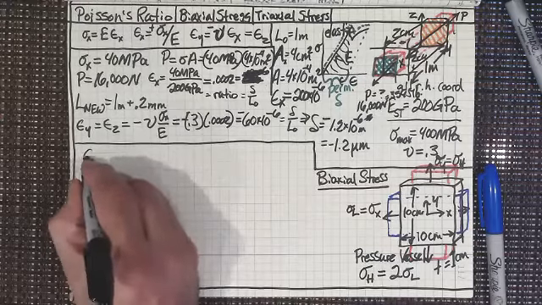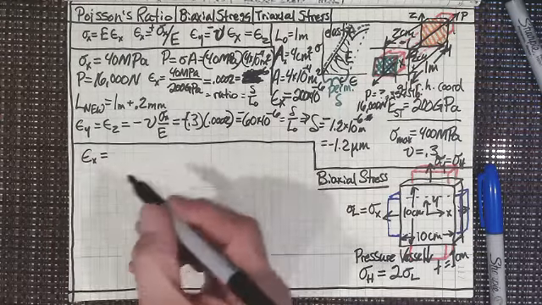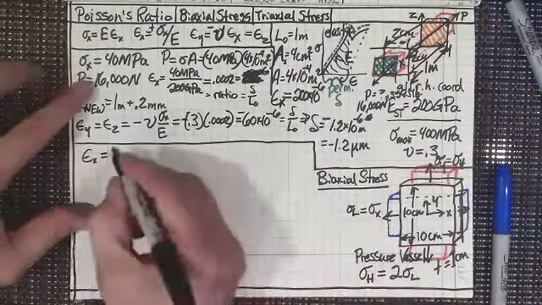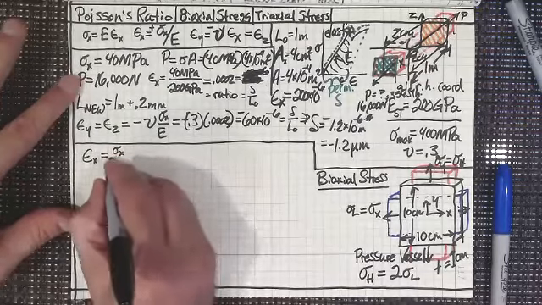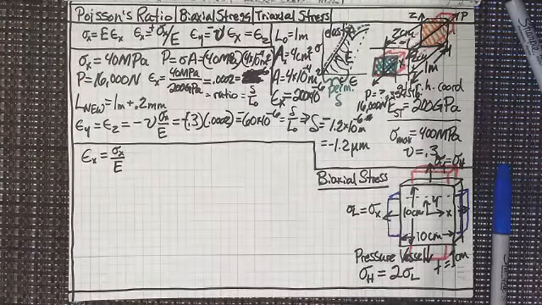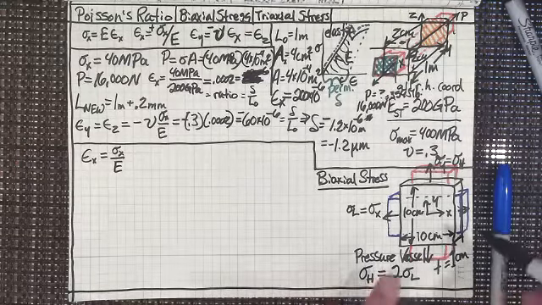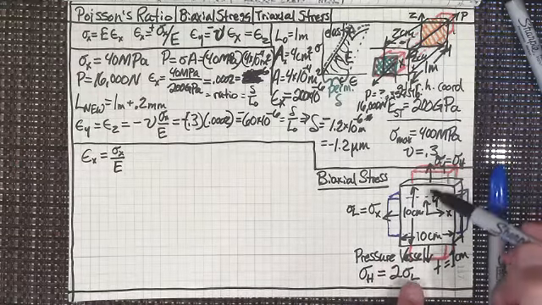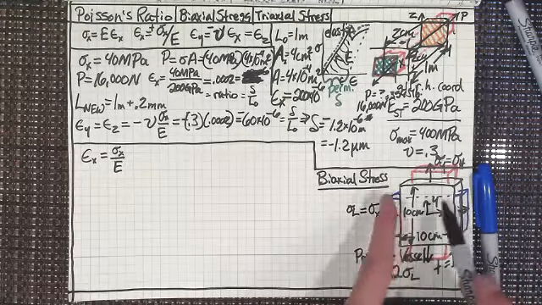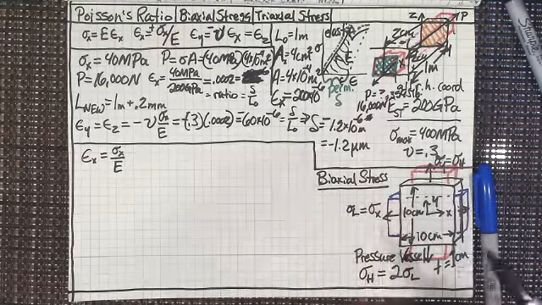If I look at the strain in the x direction, that would be sigma sub x divided by the modulus of elasticity, right? But the stress in the y direction is pushing in on the thing, so we have to subtract that off.